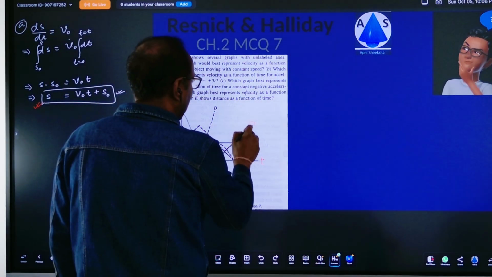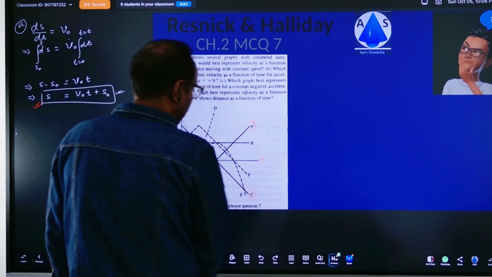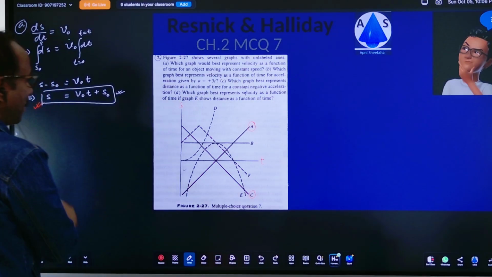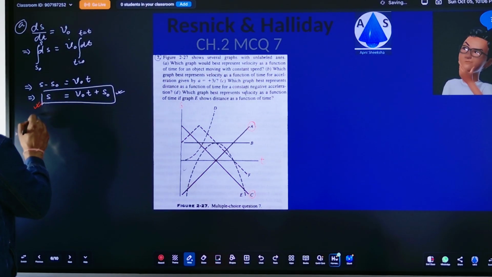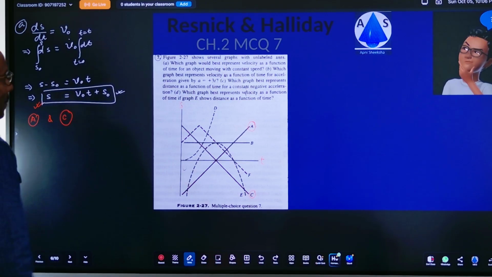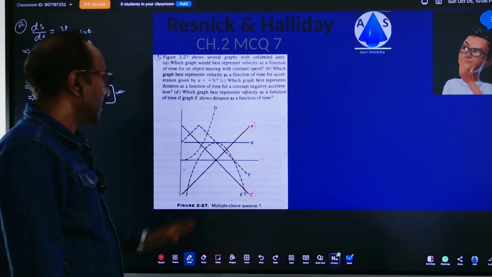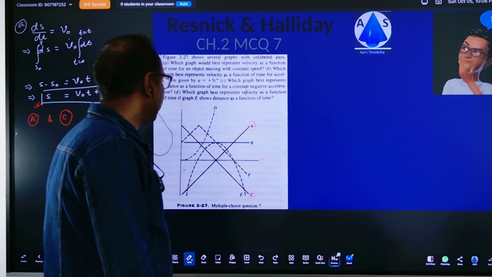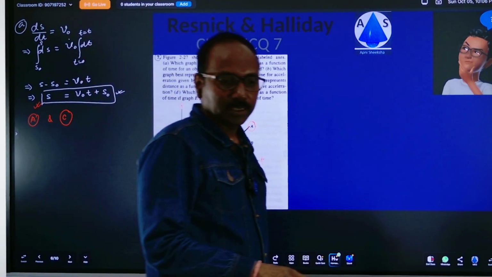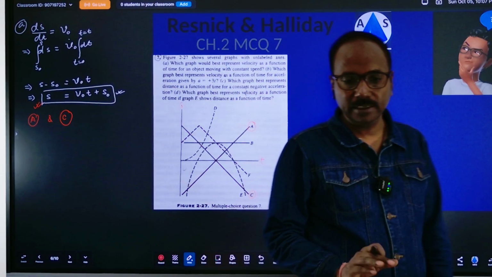So A and C will be the representing graphs where the object is moving with constant speed.